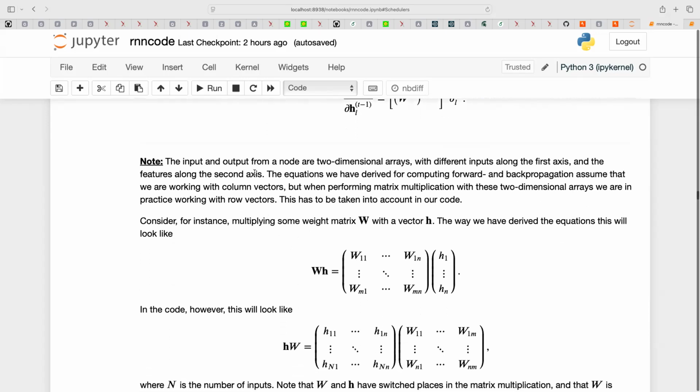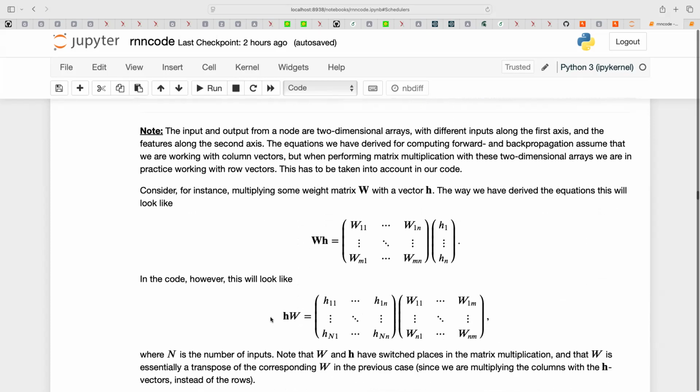And the input and output from a node are typically 2-dimensional arrays with different inputs along the first axis and the features along the second axis. And the equations for computing forward and back propagation assume that we are working with column vectors. But when you perform a matrix multiplication, it's pretty common then to actually take the transpose of the matrix. So in the code here, we've actually performed the calculations in this specific way.